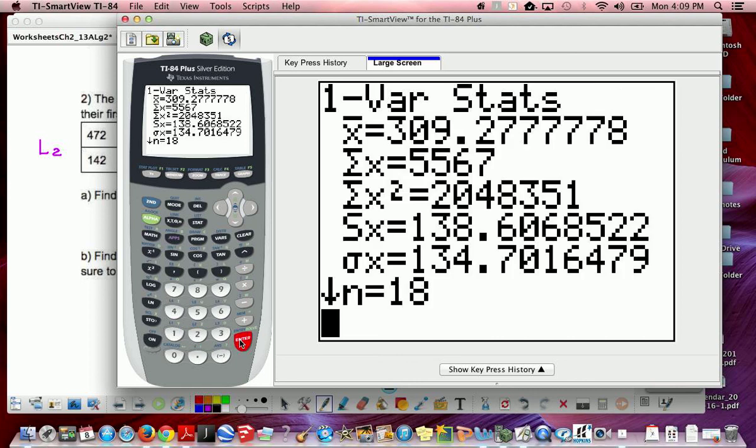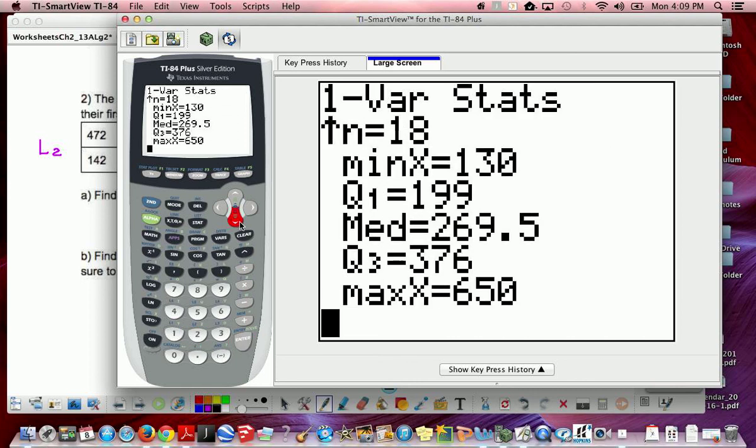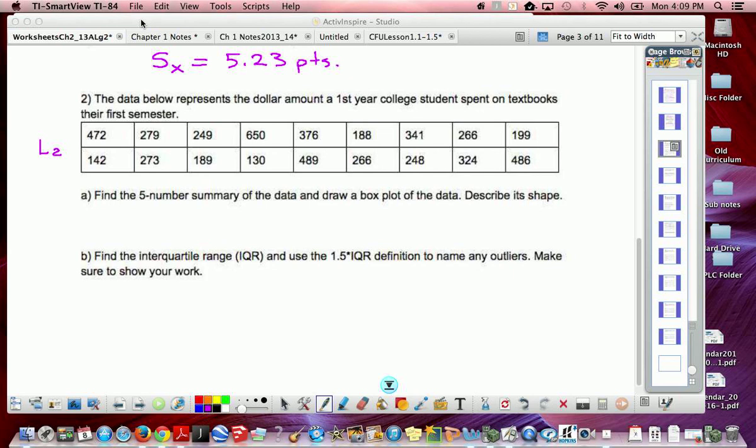So I go ahead and hit enter, scroll down, and I can note my 5-number summary there going from 130 to 650. I'm going to write those values down here for us. So my min was 130, my Q1 was 199, my median was 269.5, my Q3 was 376, and my max is 650.